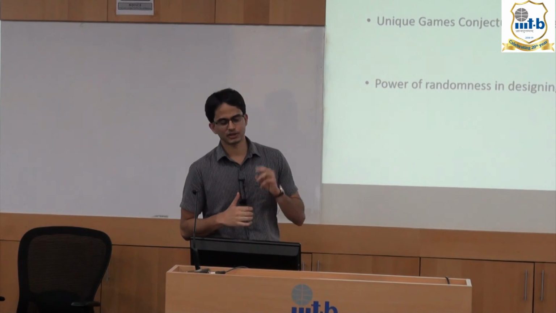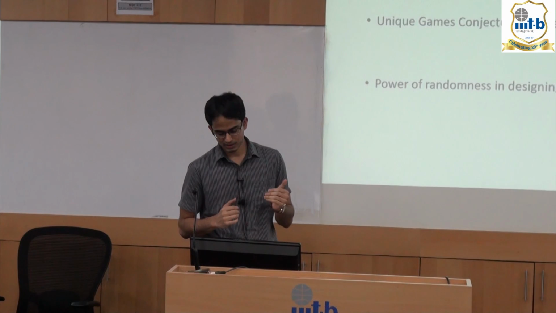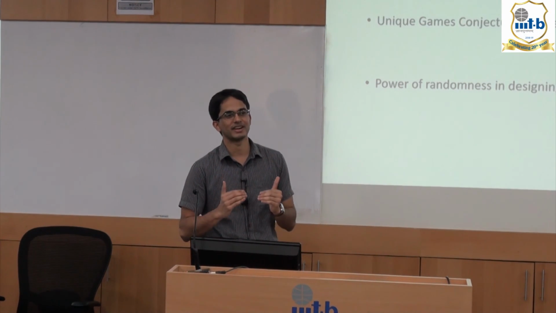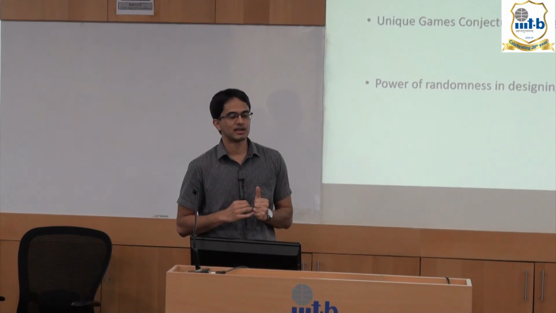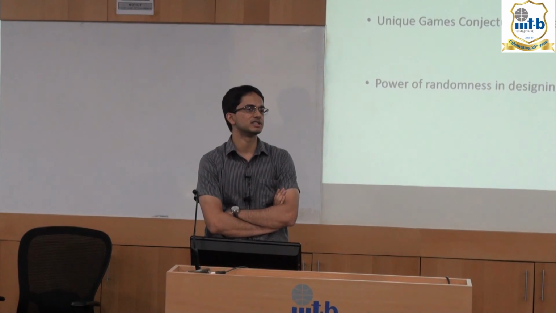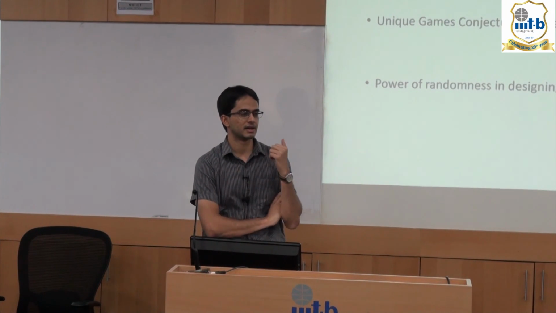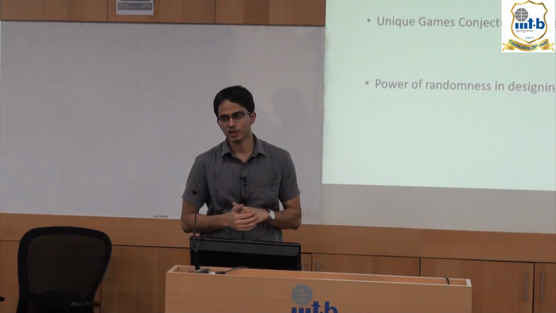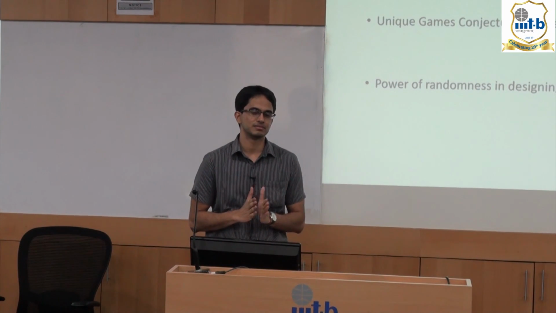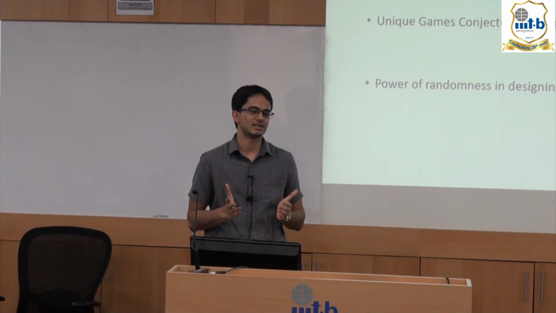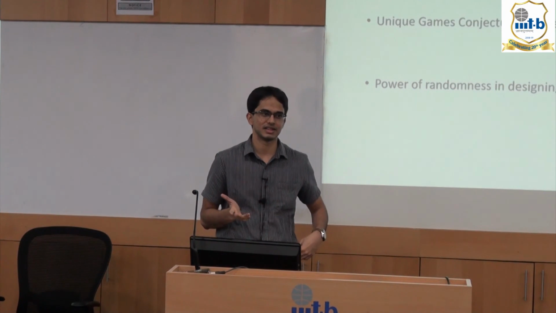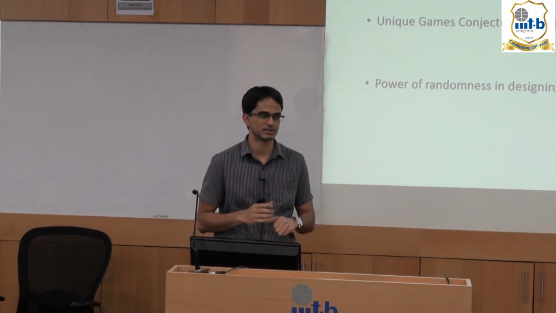Yeah, but, okay, so let me mention two more things. There has been recent evidence both for and against the unique games conjecture. In 2010 there was a paper which gave a sub-exponential time algorithm for solving the unique games problem. Typically, if you are given NP hard problems, you believe that not only do they not have polynomial time algorithms, but they also shouldn't have sub-exponential time algorithms.